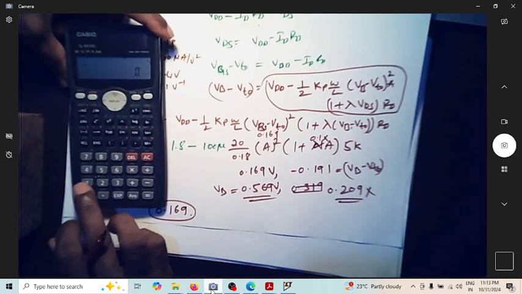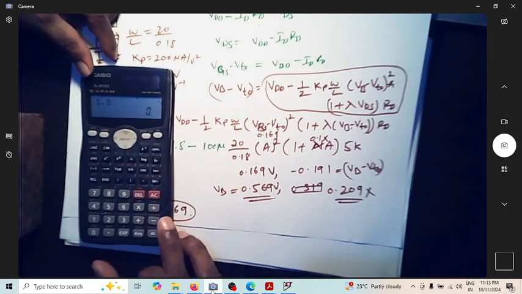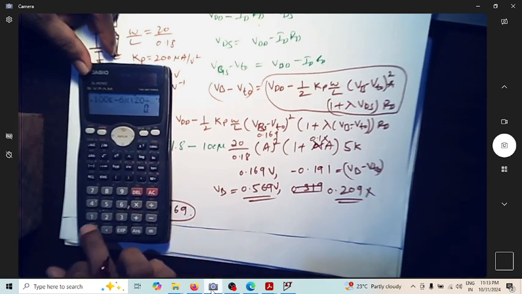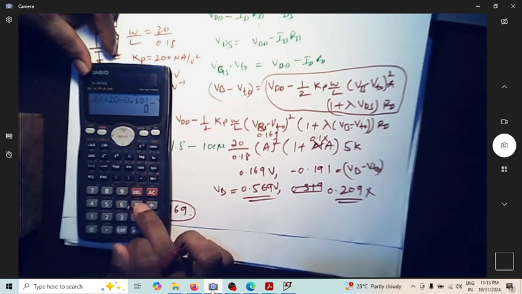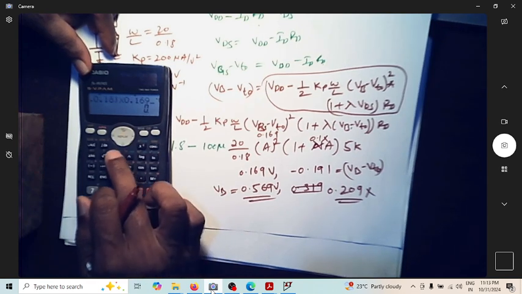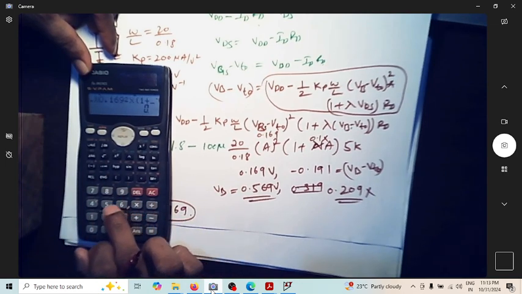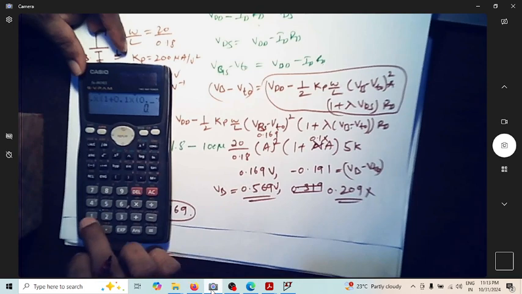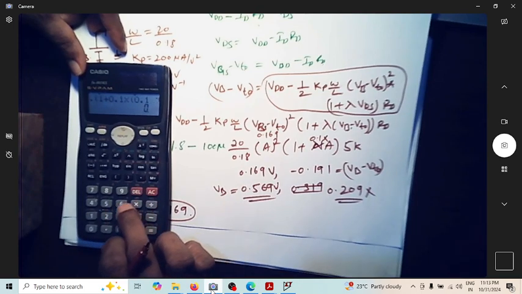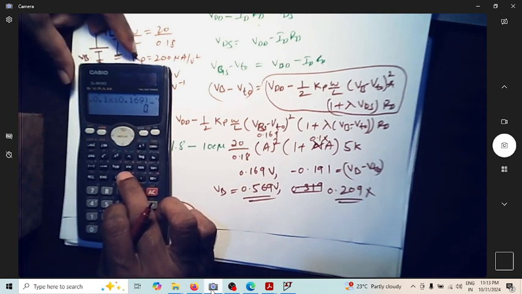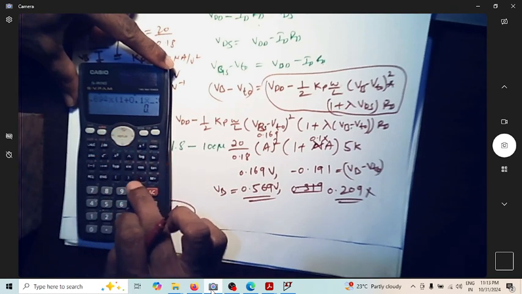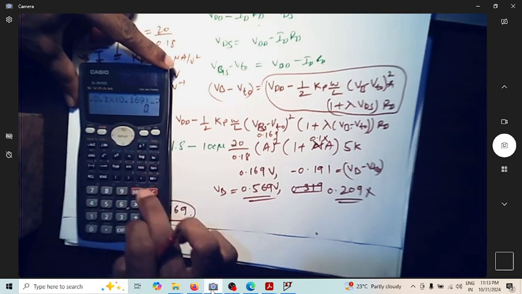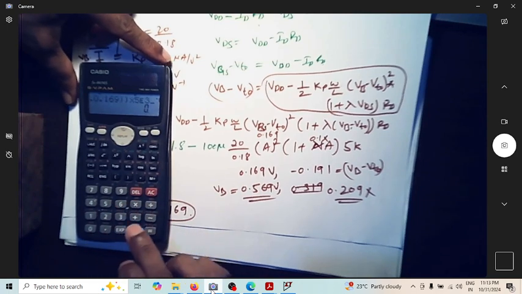So what I'll do is VDD is 1.8 minus 100 exponential minus 6 into 20 divided by 0.18 into 0.169 square multiplied by 1 plus 0.1 into 0.169, close the parenthesis, one more closure, into 5 exponential 3.